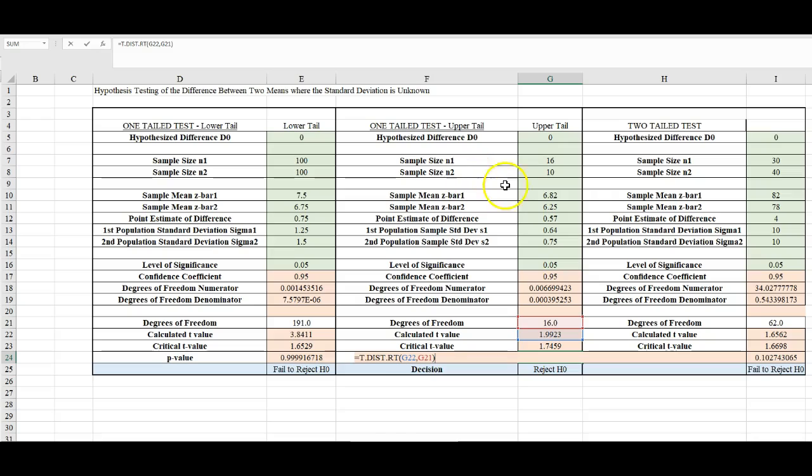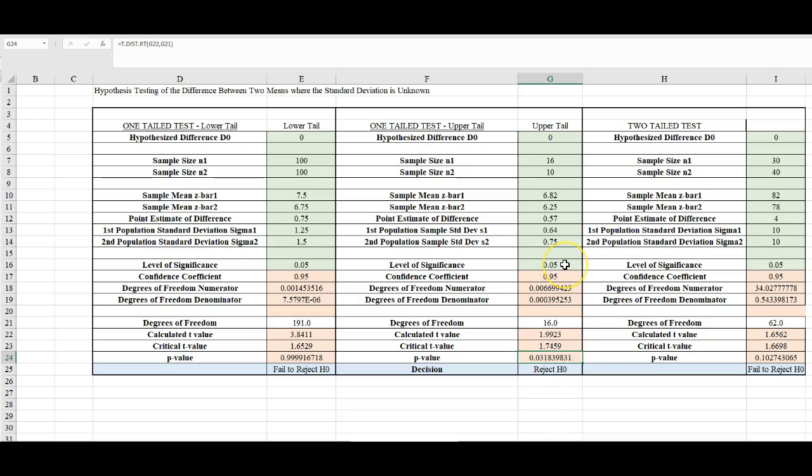Because we're doing an upper tail test, I want to use the t-distribution for the right tail using the degrees of freedom and the calculated t-value to determine the p-value. And again, as you can see, the p-value is between 0.025 and 0.05.